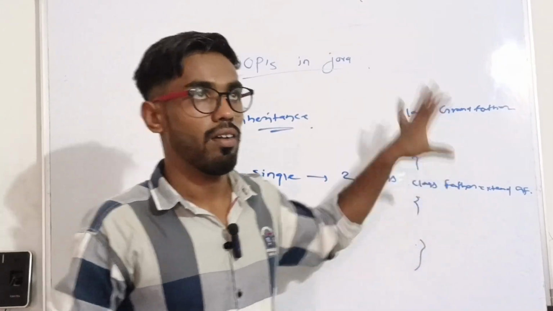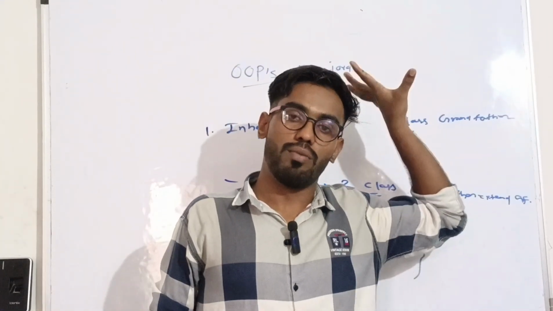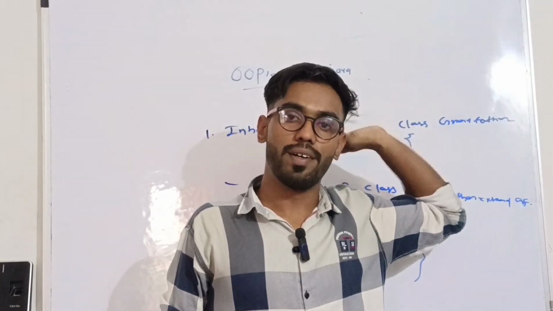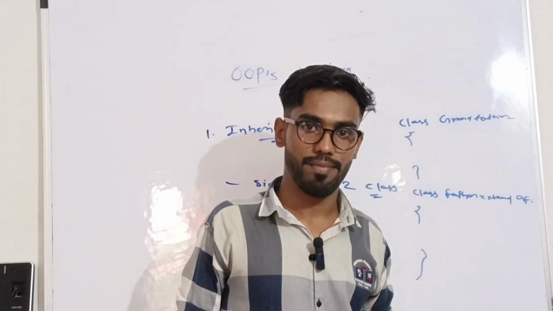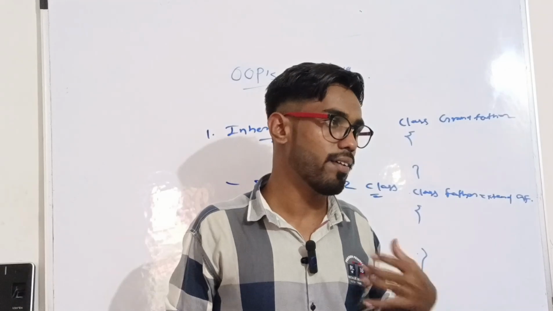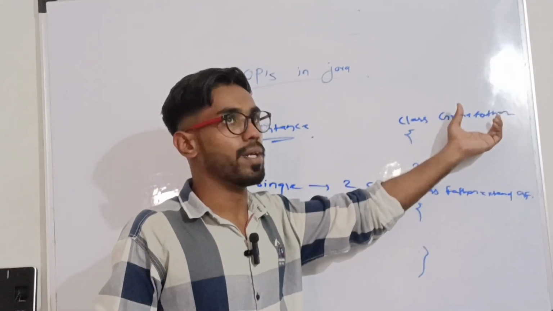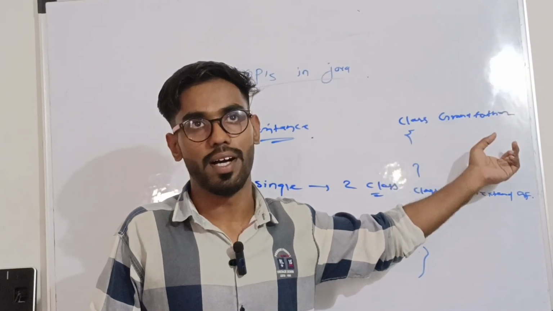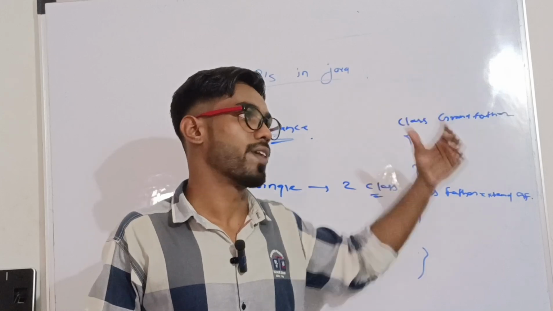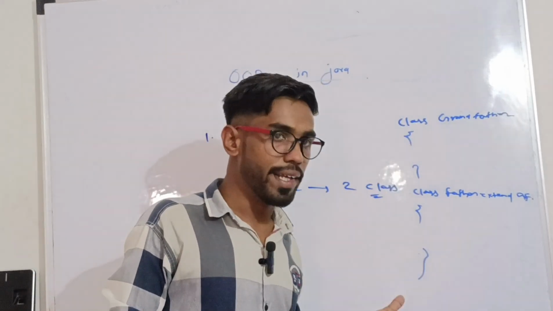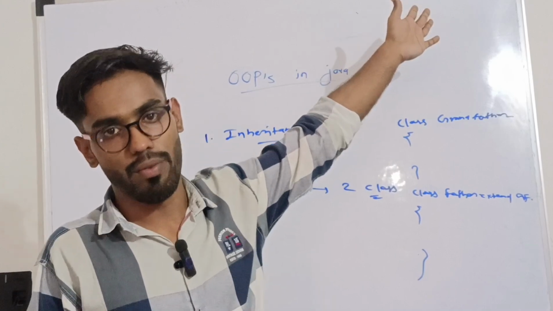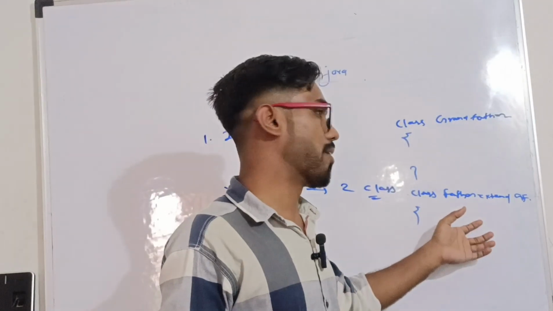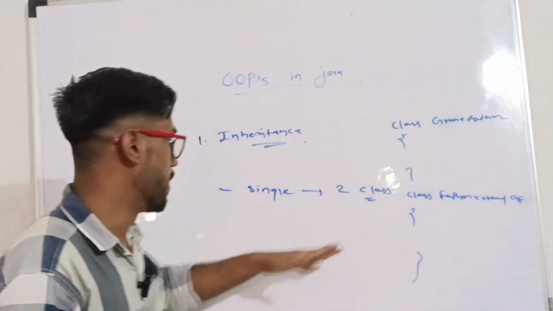Inheritance means whatever the property of the grandfather, the father will inherit that property. As if there is a bike or car or whatever of the grandfather, the father will inherit those properties. That is single level inheritance.